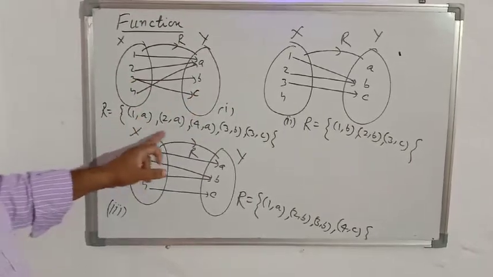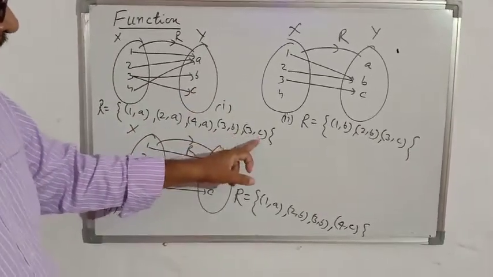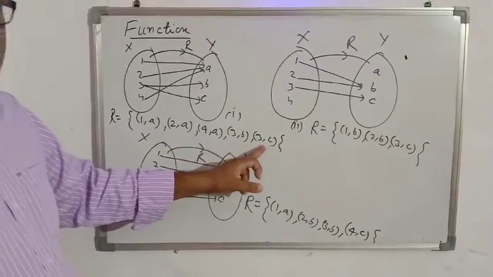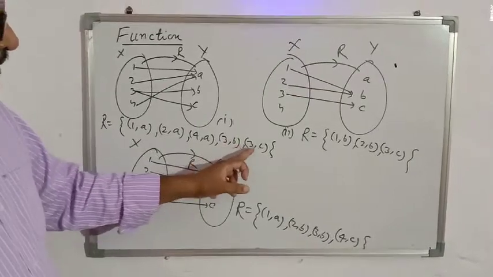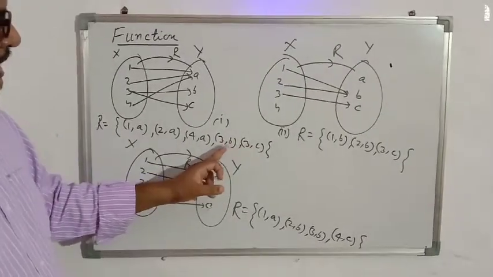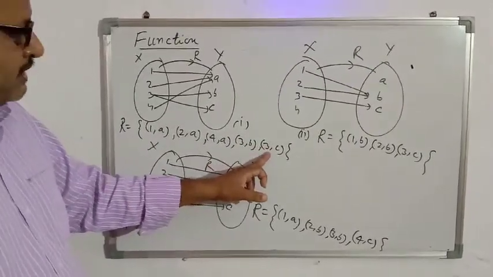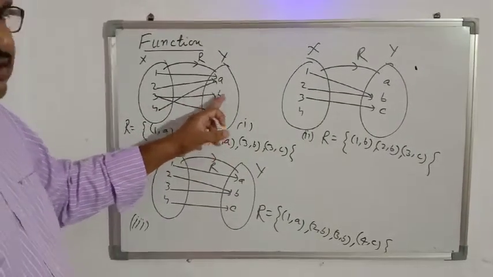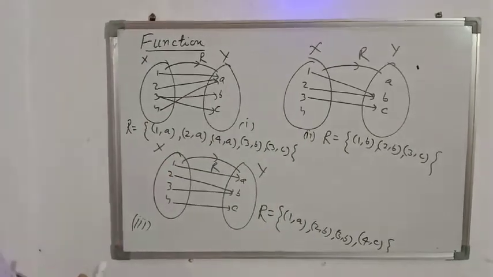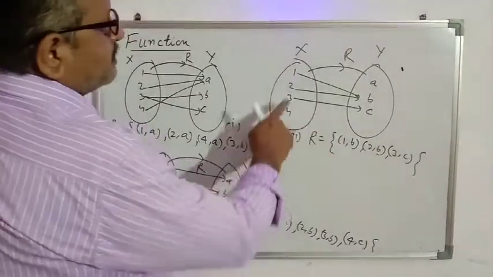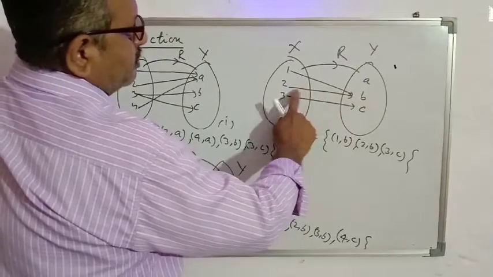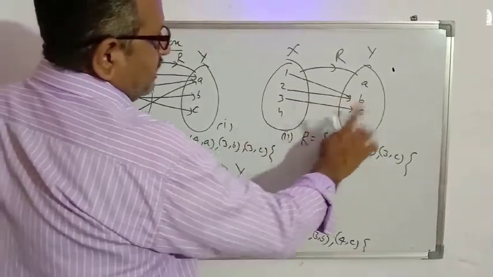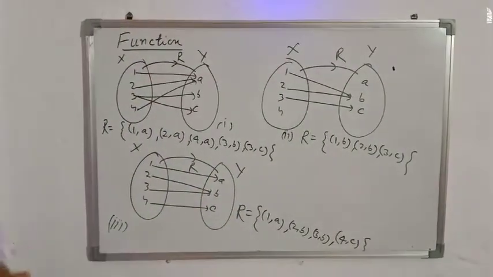So in roster form, the 2 ordered pairs 3b and 3c have the same first component 3. It means one element of X is related to 2 elements in the set Y. Here in the second case, 1 is related to b, 2 is also related to b, 3 is related to c, but 4 is not connected to any element in the set Y.